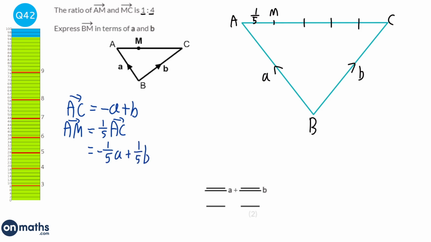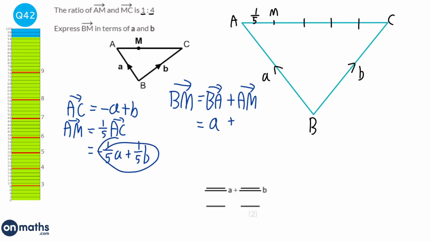Now we're asked for the vector B to M, and we know that that's going to be B to A plus A to M. We know B to A because it's labelled, it's just A, and we know A to M because we've worked it out down here.